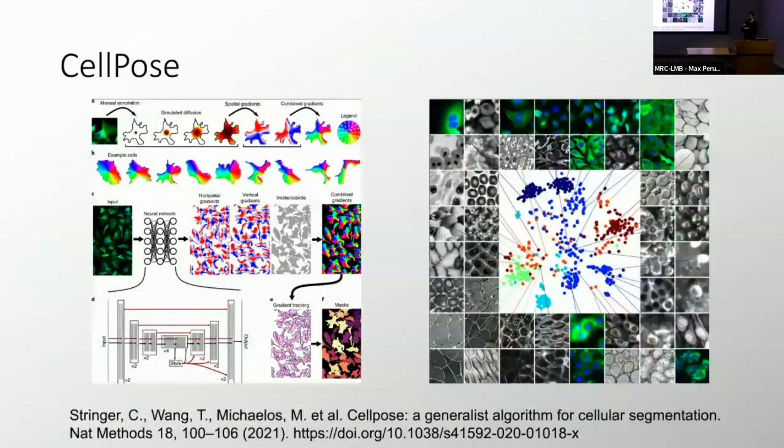By using this gradient, you can use a backtracking algorithm to find the center of the cell. So at each pixel in the image, we can backtrack if we are inside the cell, and all the points which end up after backtracking in the same place will be assigned to the same cell. The network is the same, it's a U-Net. So from the gradient tracking, we end up having masks.